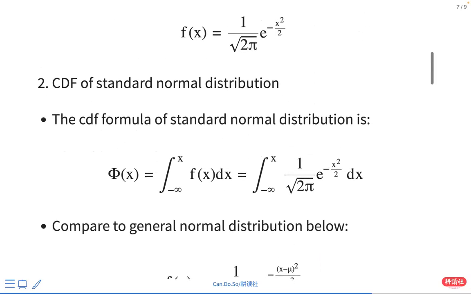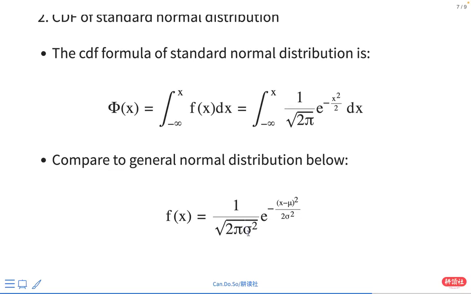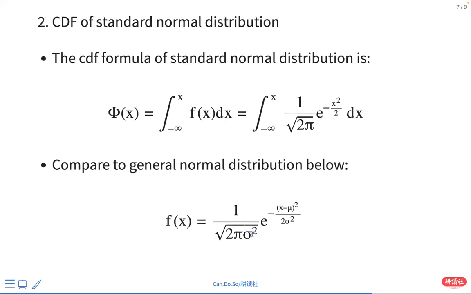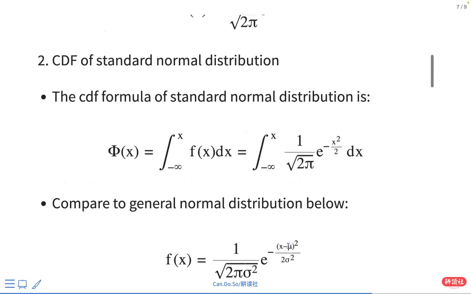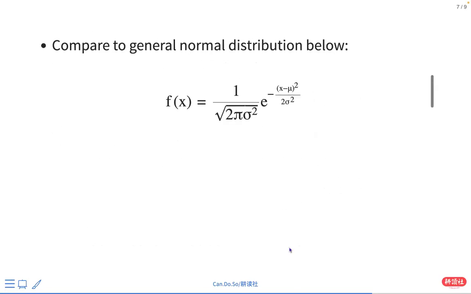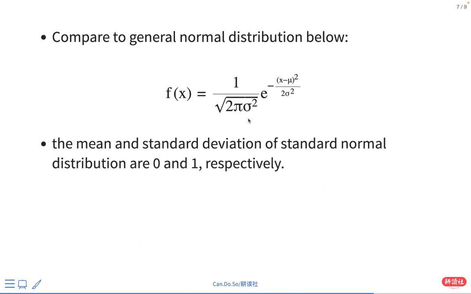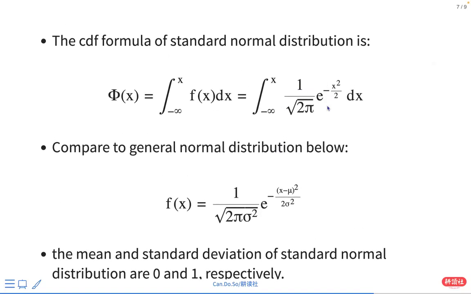We see that here the sigma squared disappears, and here mu disappears. That's because we set sigma equal to 1, and 1 squared is still 1, so we can cancel it. And mu is 0, x minus 0 is x, so we can cancel it. Then it becomes this one.